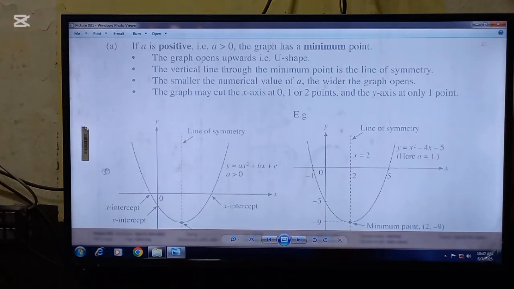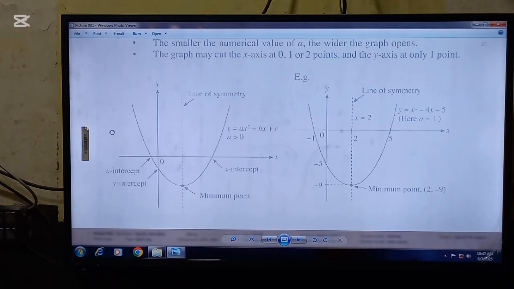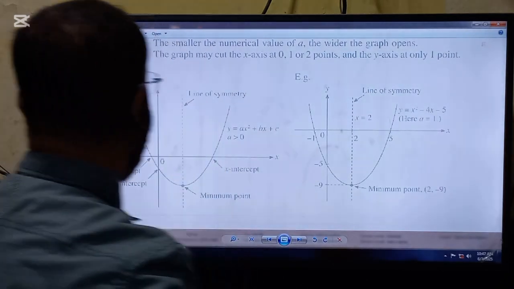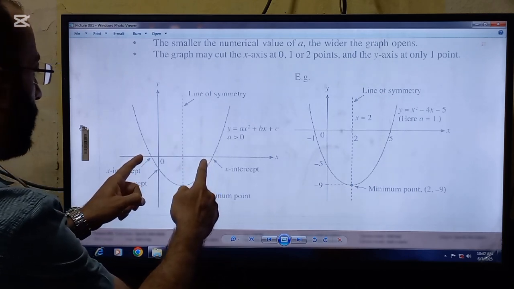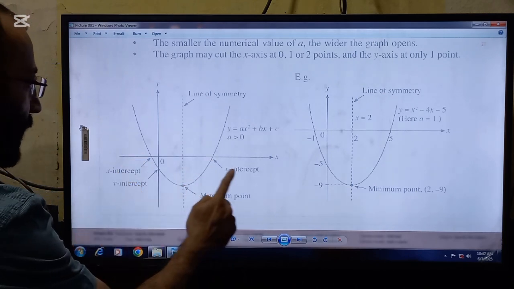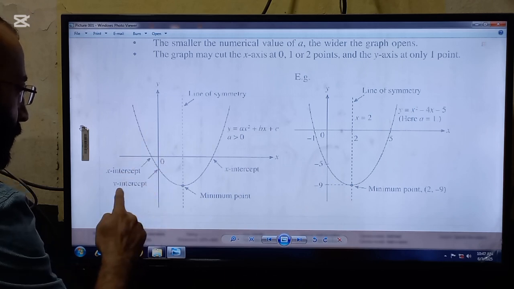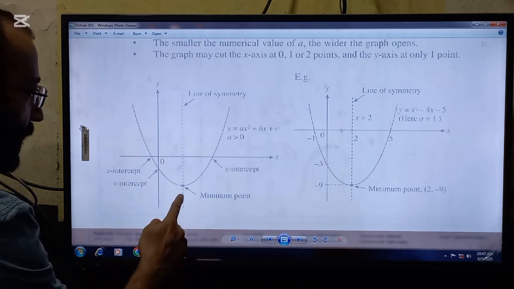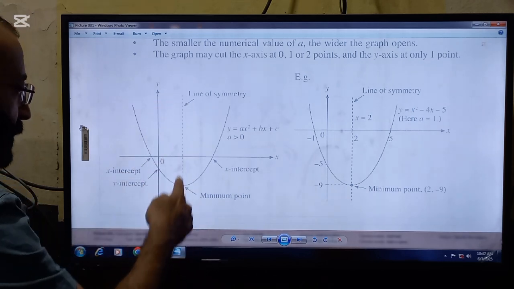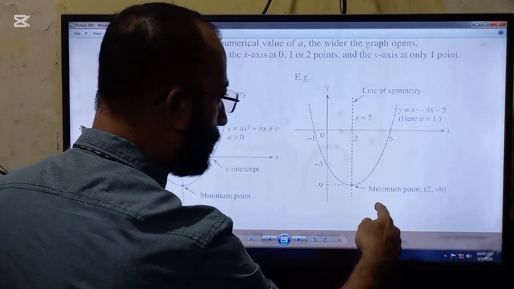The points where the curve cuts the x-axis are called x-intercepts, and the point at the y-axis is called the y-intercept. And this is the minimum point through which the line of the symmetry passes.